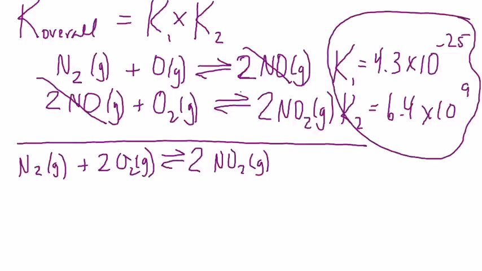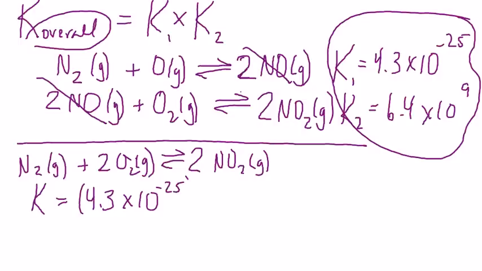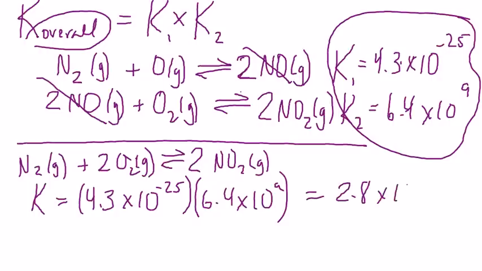Well, according to our rule above, the actual overall K for this new summation would be 4.3 times 10 to the negative 25 times 6.4 times 10 to the positive 9, the product of the K's for the individual reactions. That value is 2.8 times 10 to the negative 15.